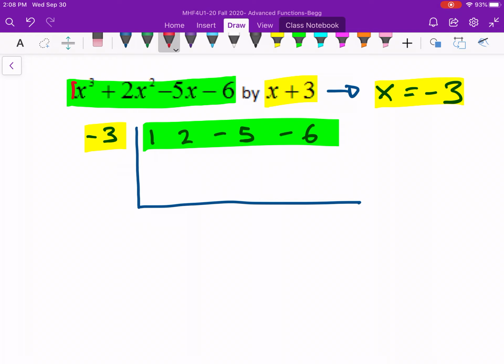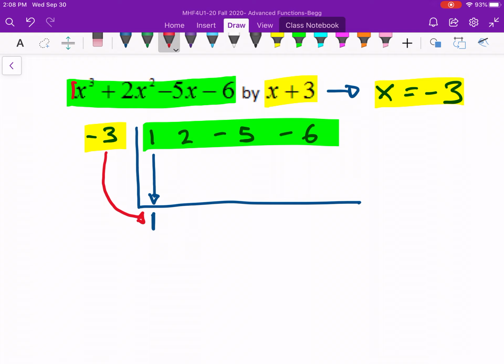And the way synthetic division works is like this. We always start with whatever the first coefficient is and just bring it down below this line. So if it's 1, then we just write a 1 underneath. Now we're going to take this negative 3, the 0, and multiply it by whatever we just brought down, whatever's underneath. So negative 3 times 1 is an easy one.